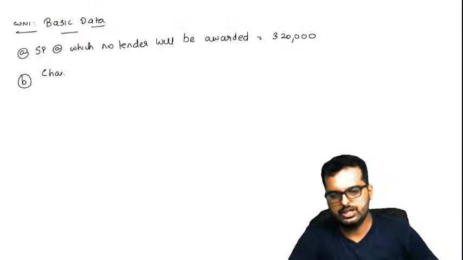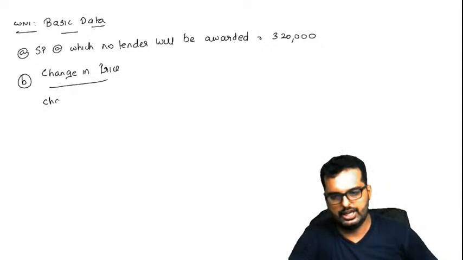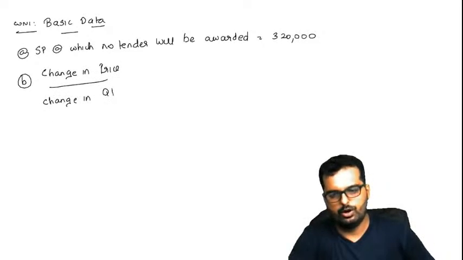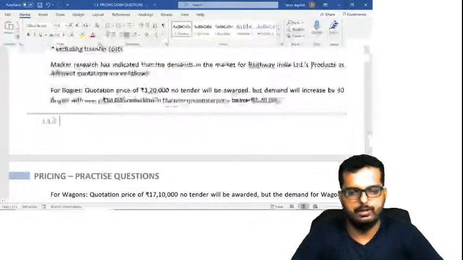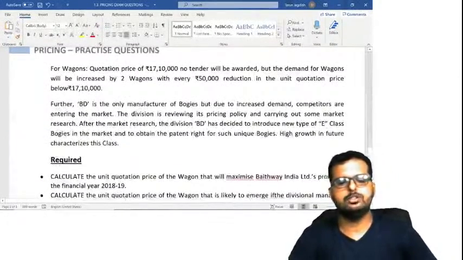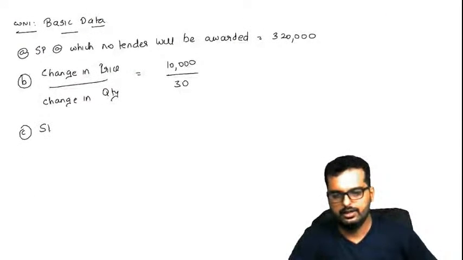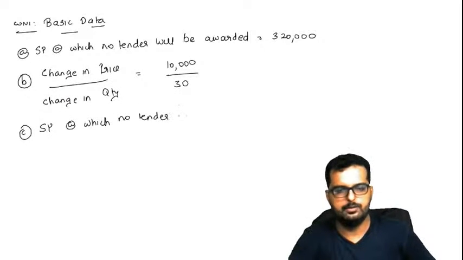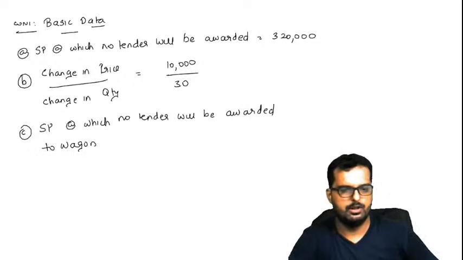So change in price divided by change in quantity is given as 10,000 divided by 30. For wagons, the quotation price of 17,10,000, no tender will be awarded. So next point, selling price at which no tender will be awarded to wagon.